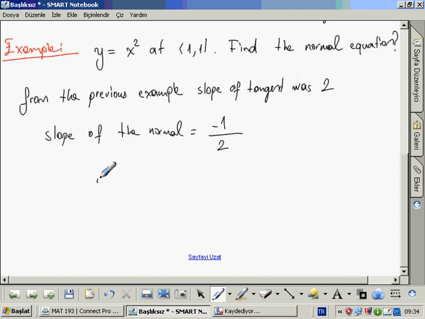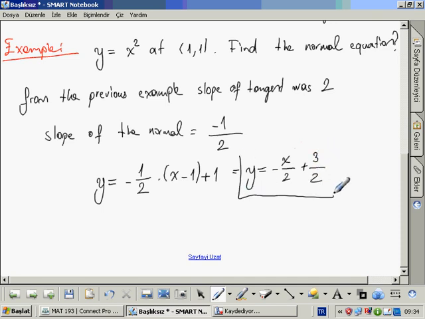The equation will be y equals minus 1 over 2 times x minus 1, plus 1, and when you simplify it, y equals minus x over 2 plus 3 over 2. This is the normal equation of the x squared curve at the point 1, 1.